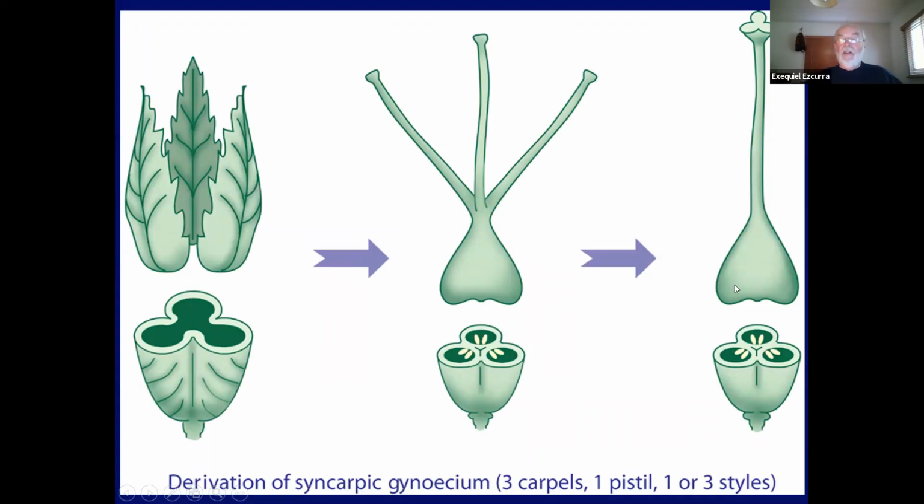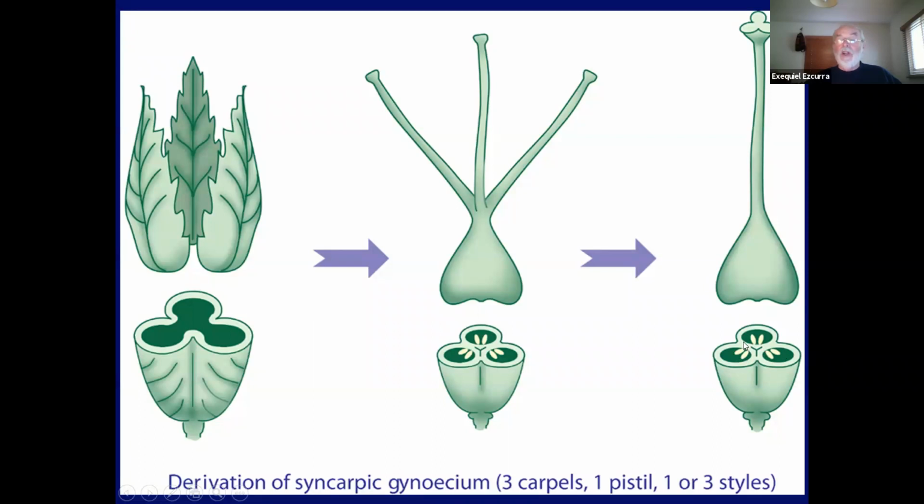A single pistil formed by the fusion of three carpels, for example. Here we have 1, 2, 3 carpels that are fused to form a single pistil. But the style of the pistil is one. The bottle-like structure looks like one. But if you cut it in half, you will see that it has 3 chambers.